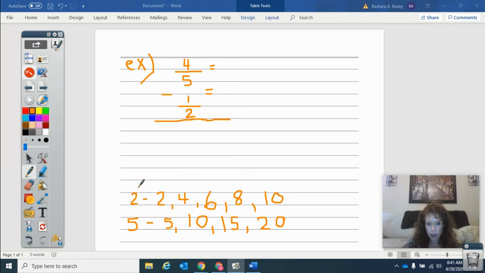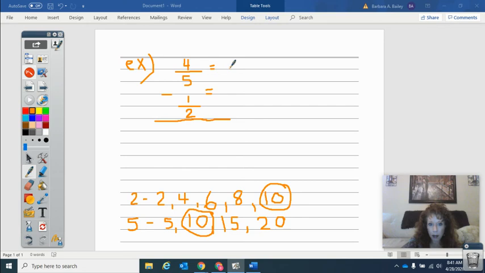So I usually start in the top row. 2s, do I have any 2s? No. 4, no. 6, no. 8, no. 10. Yep, 10 it is. Okay, so my lowest common multiple is 10, and that's also going to be my common denominator.